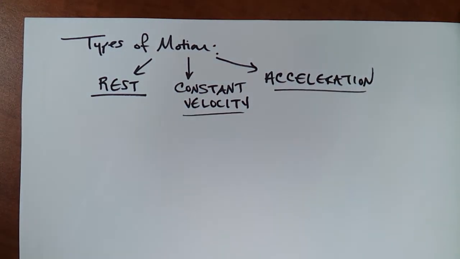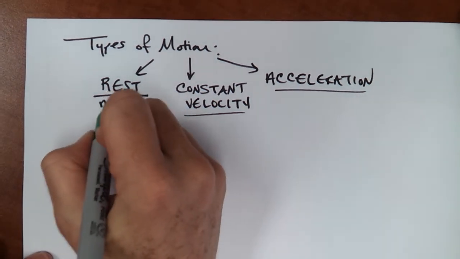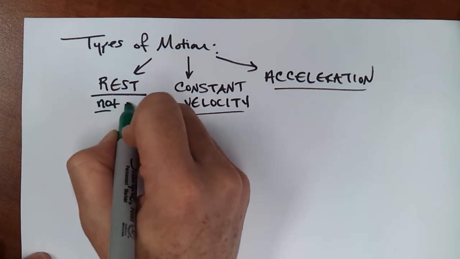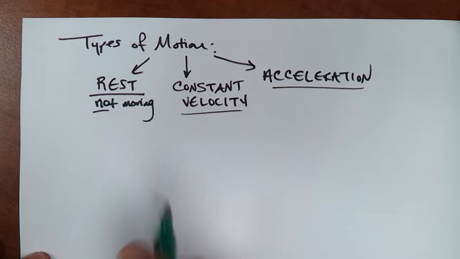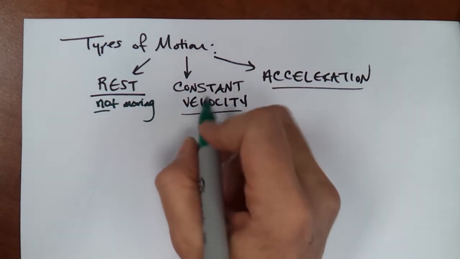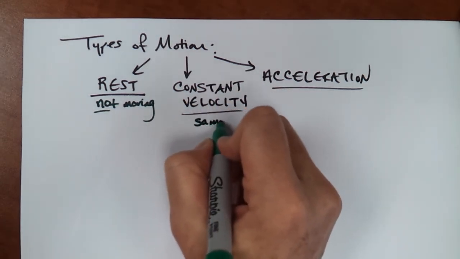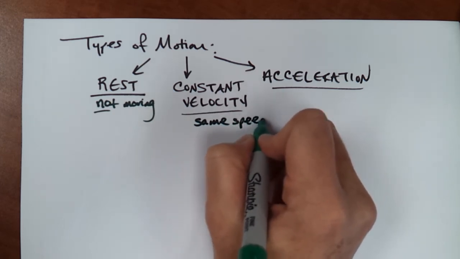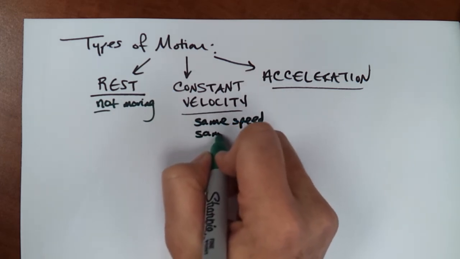So if something is at rest, it's not moving. It is remaining still relative to some point, right? Constant velocity means same speed, same direction.